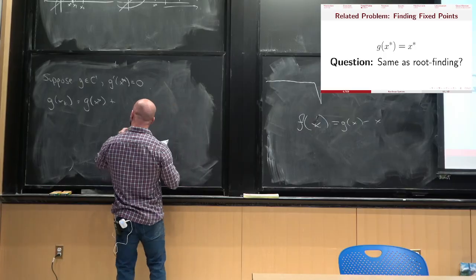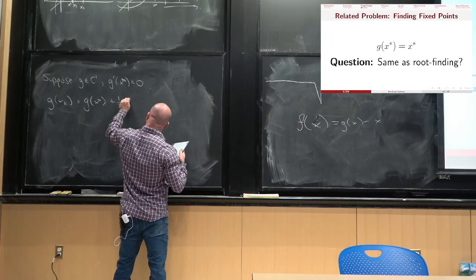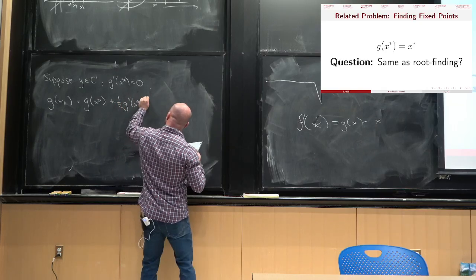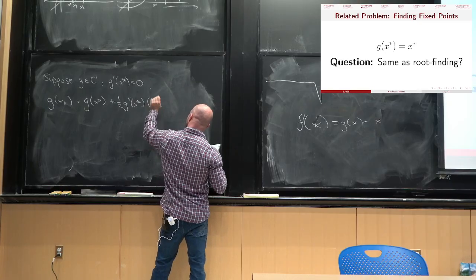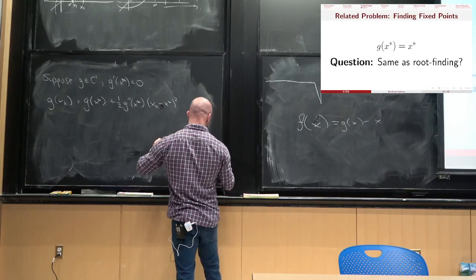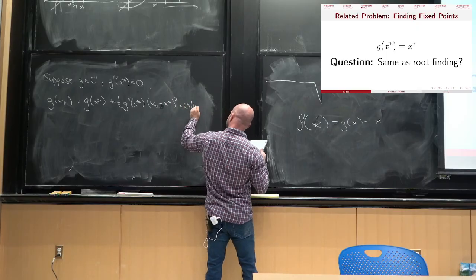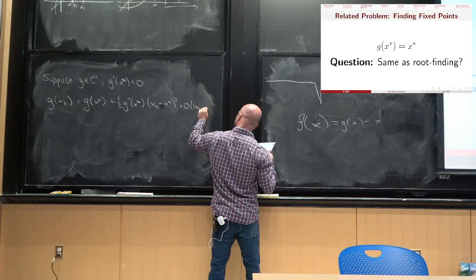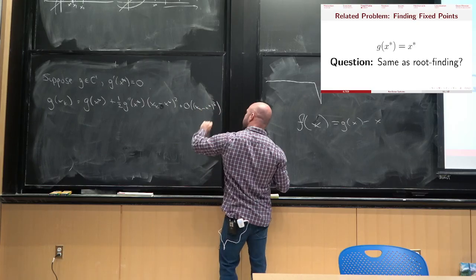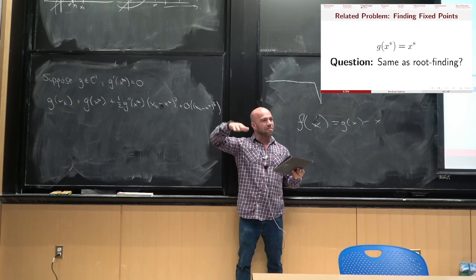So we can skip to the third term: 1/2 g double prime of x star times xk minus x star squared, plus something that vanishes like xk minus x star cubed. Isn't this kind of fun? I basically chose a point where it happens to be flat.